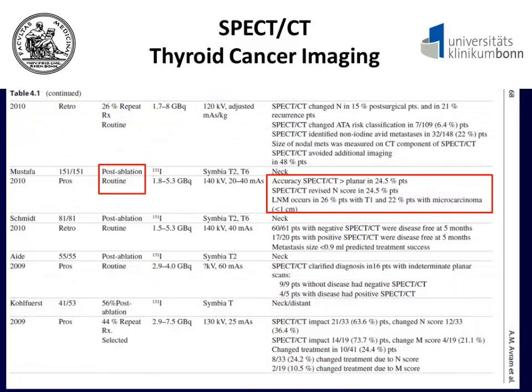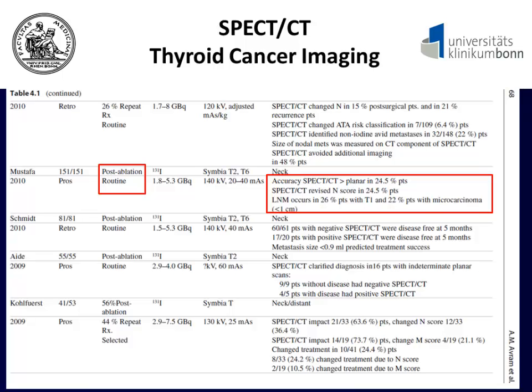Another study from Germany also routinely did SPECT CT after iodine ablation in low-risk patients, and they showed that the accuracy of SPECT CT was better than planar imaging in 24% of patients, and SPECT CT revised the staging of the patients also in 24% of patients.